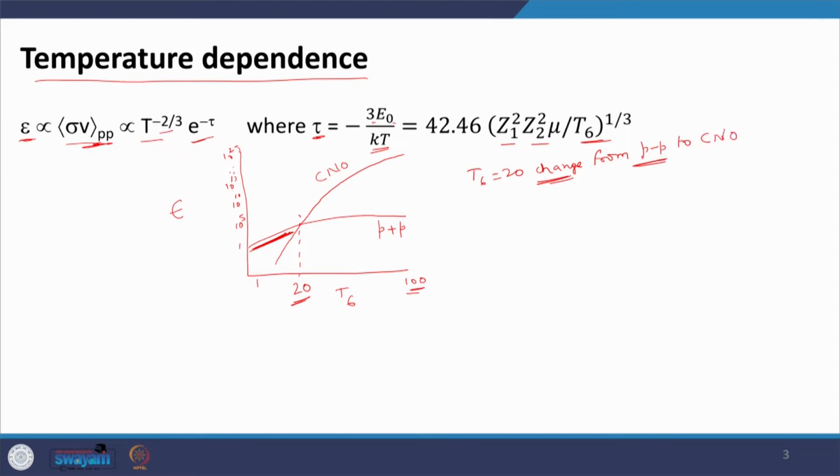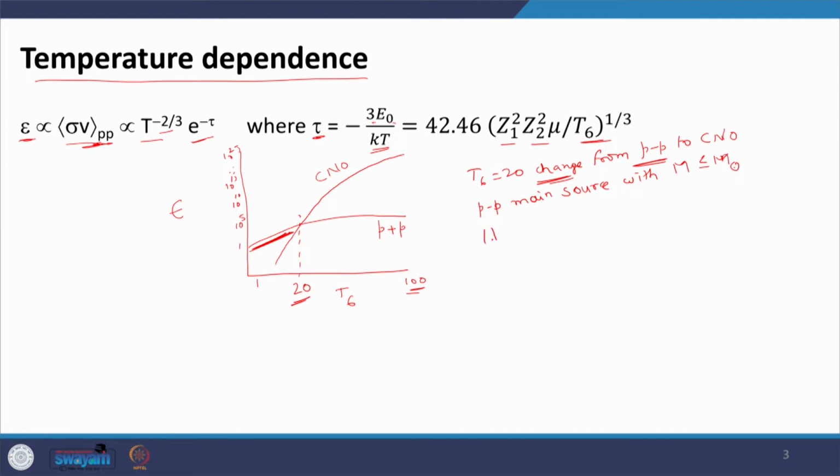The PP chain involves 4 protons overall, and we can say that PP is the main source for the sun and stars with mass less than or equal to the mass of the sun mainly.